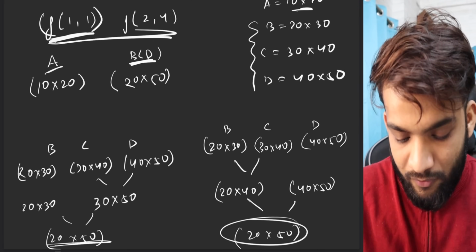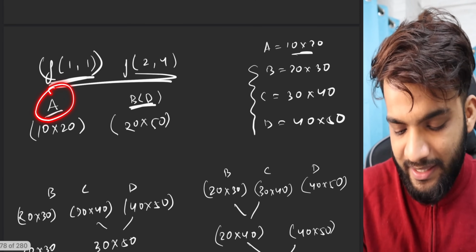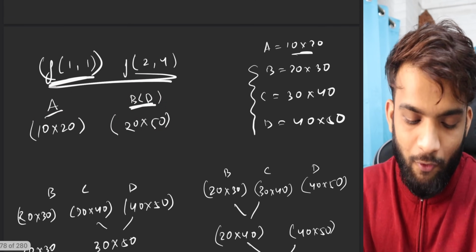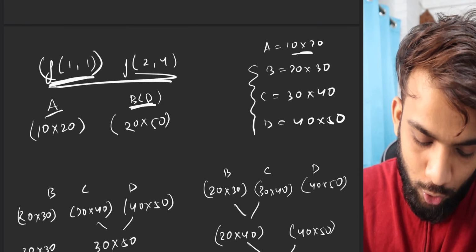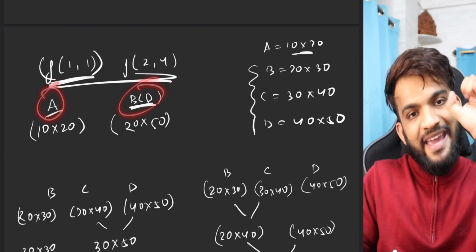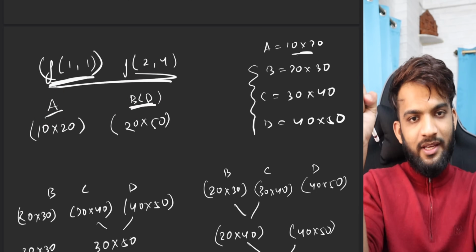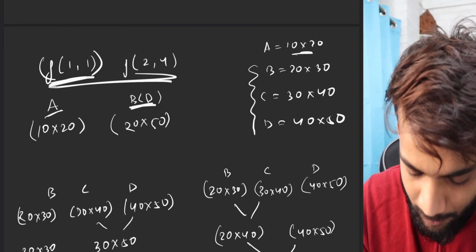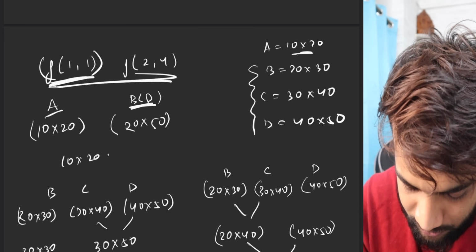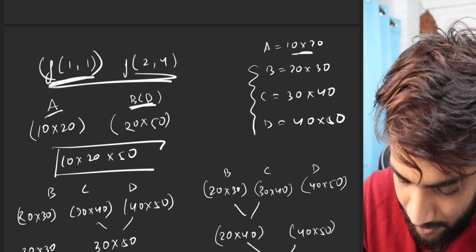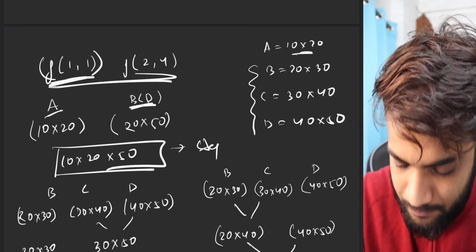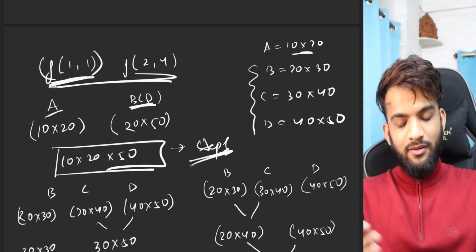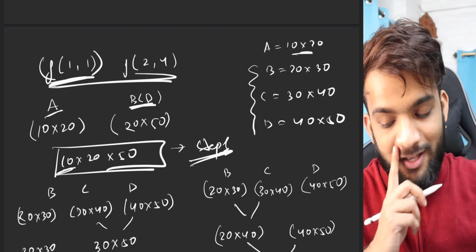So if A is this, BCD is this, what is the number of operations that you will require in order to multiply A and BCD? Because A was a part, BCD was a part. In order to multiply them, can I say the number of operations will be 10 cross 20 cross 50? That will be the number of steps, right? Where is 10 actually?